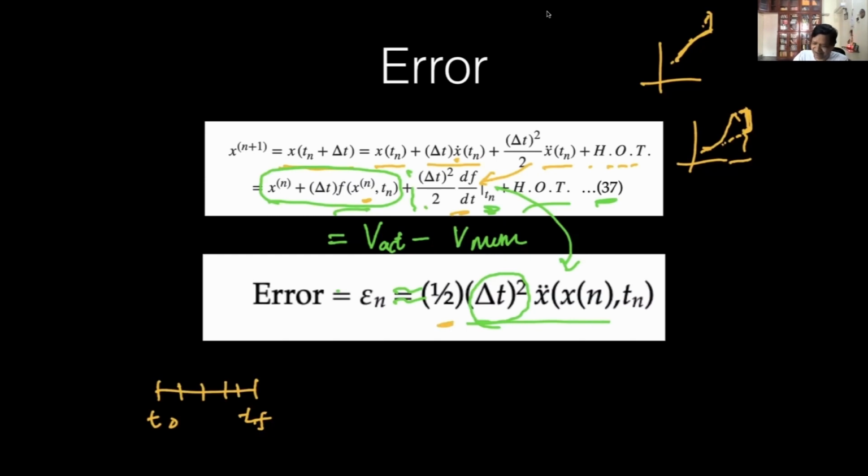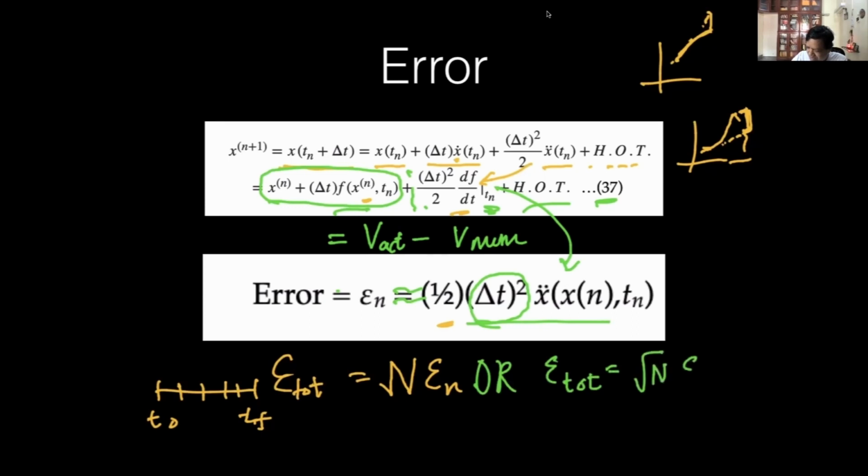I remember I had made this statement that for systematic errors you can write n times epsilon n as the total error, or is it epsilon total equal to square root n times epsilon n? Okay. Now, what do you think? Systematic or random?